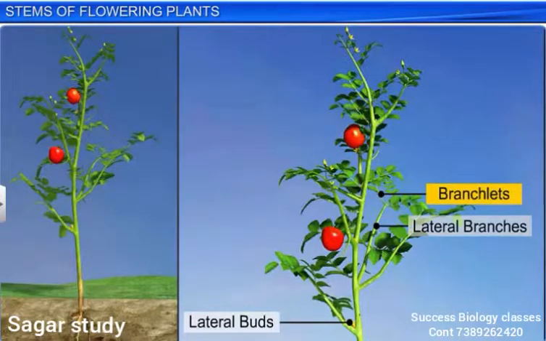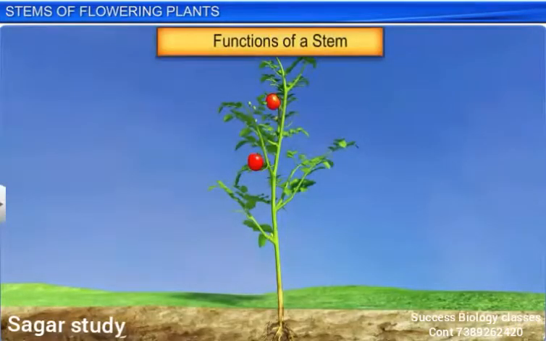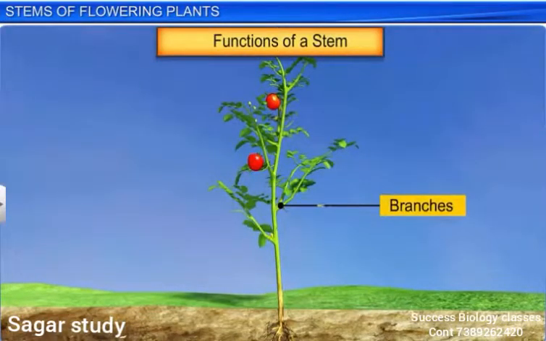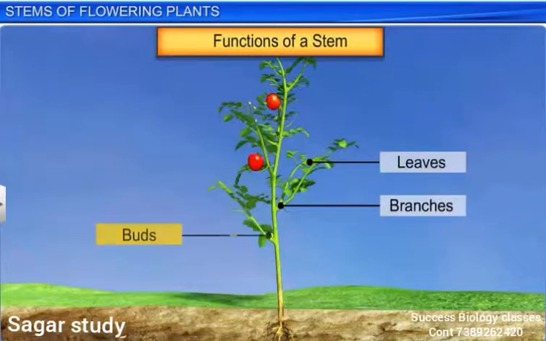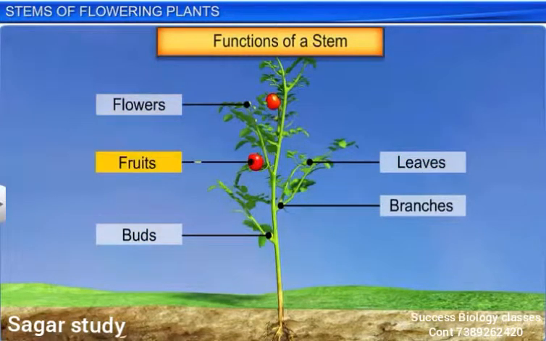Now, let's learn about the functions of a stem. The stem, along with its branches, hold the leaves, buds, flowers and fruits. It transports water, minerals and photosynthates between the roots and the shoots.